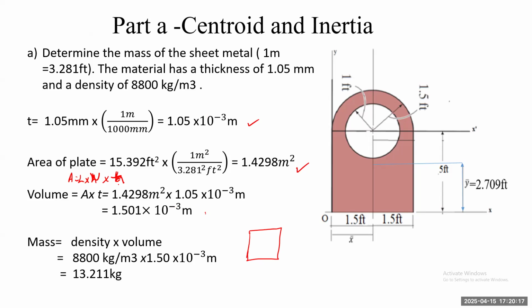So when you have the volume, you go to your density formula, and everybody remembers that density is equal to mass upon volume. From that, you transpose: mass is equal to rho times volume. The density was given. We always give you the density, so you don't have to find it.